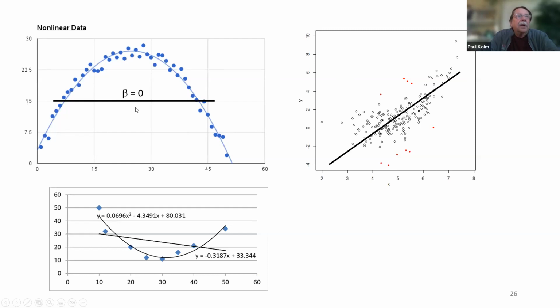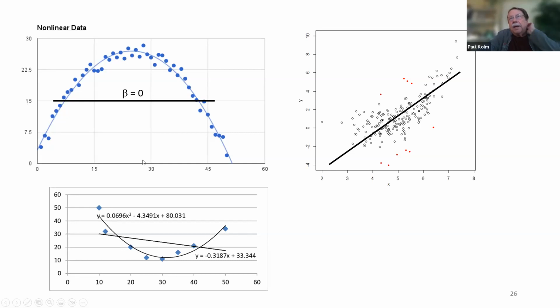But of course, in linear terms, that means that there's no relationship between the two, but you can see there's obviously a nonlinear or curvilinear relationship between the two variables. And the same in the bottom left panel here, where if we model this as linear, we're going to get something quite different than we do if we model it as nonlinear.